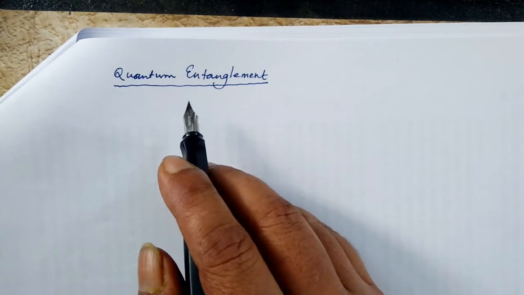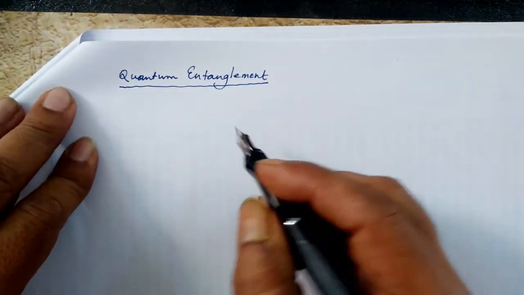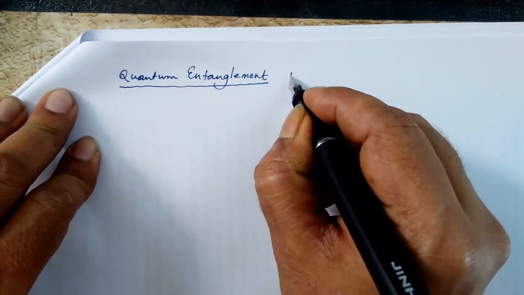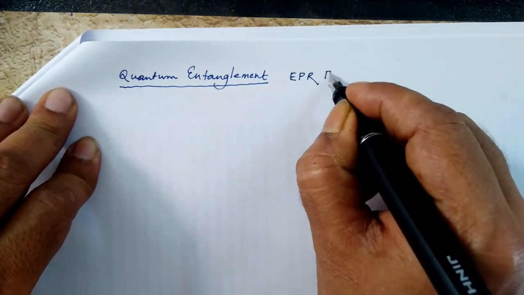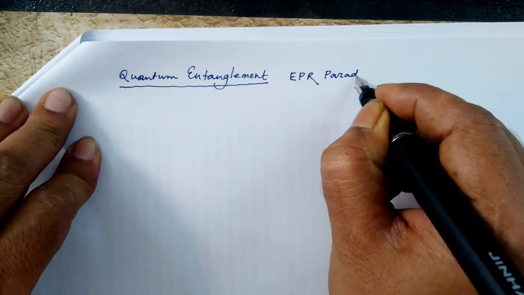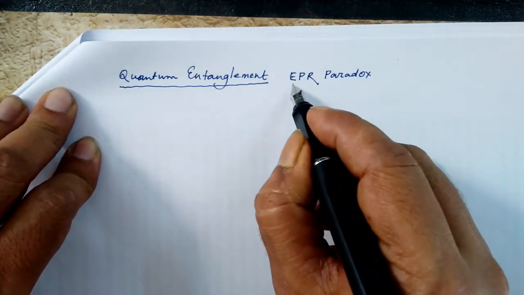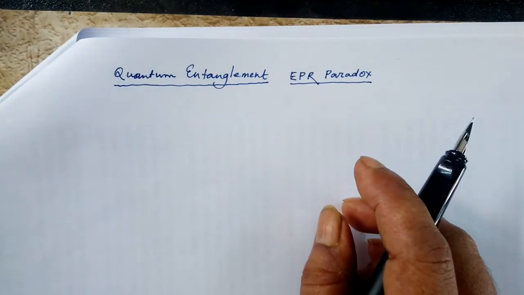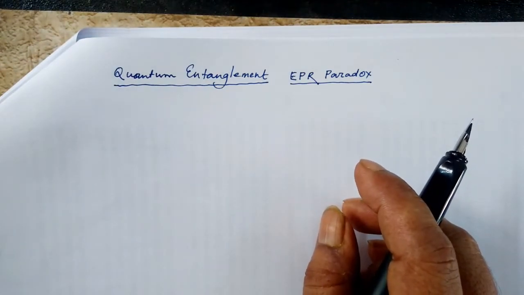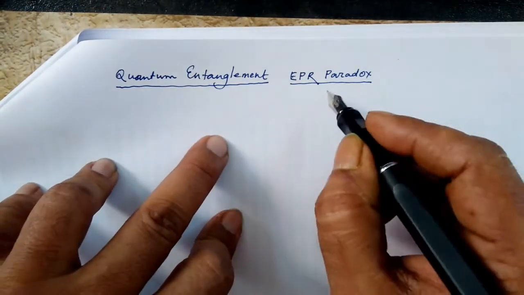So here we will learn about something known as the EPR paradox. EPR stands for Einstein, Podolsky and Rosen.